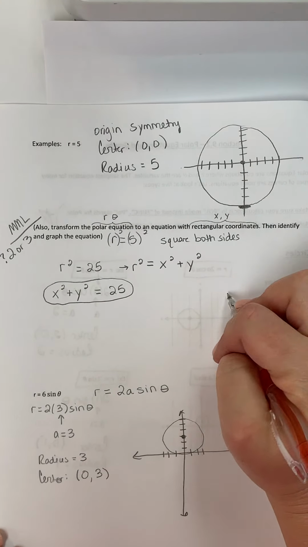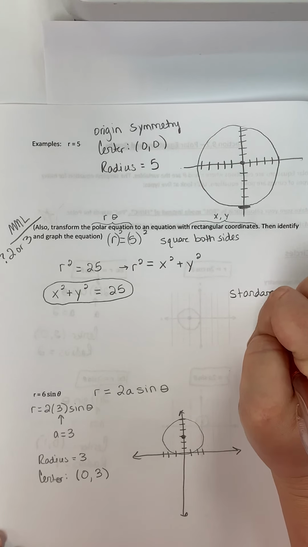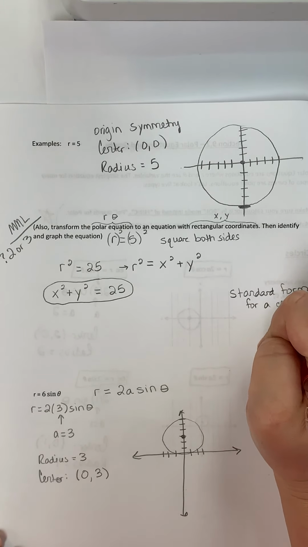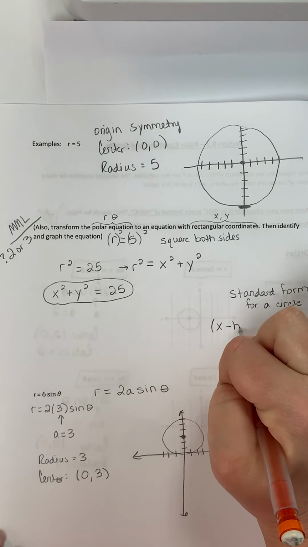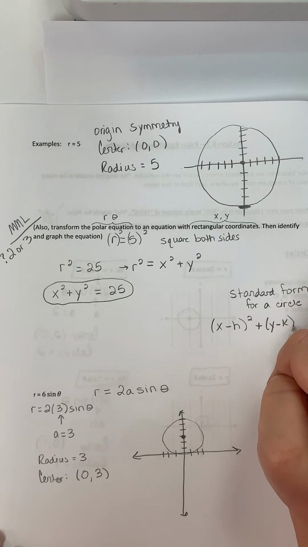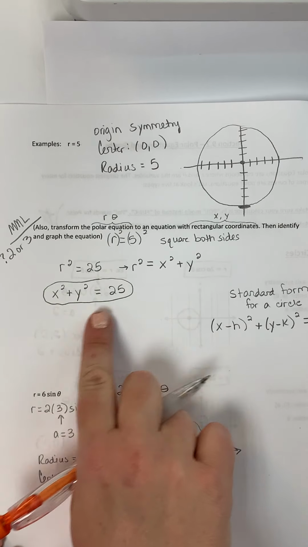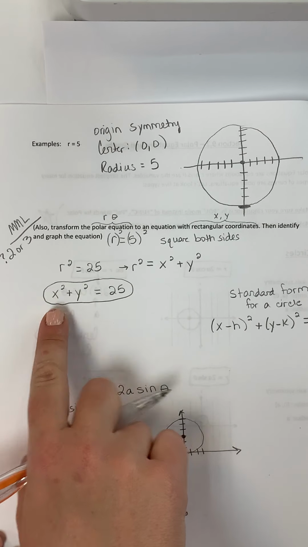Now, I don't know if you remember that the actual standard form for a circle, this is algebra 2 or college algebra coming up here, is (x minus h) squared plus (y minus k) squared equals r squared. That's the rectangular form for a circle, okay? So here's my circle. I don't have anything added or subtracted to the x and the y.